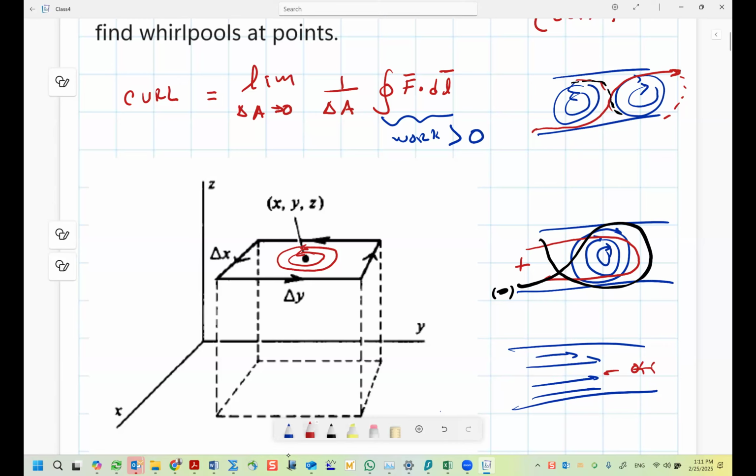If you are swimming against the current, with the current, you will have a net gain.